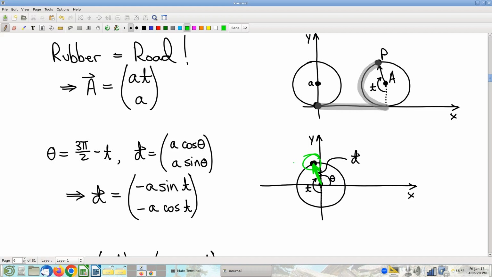And so if I can understand the point, then I understand the head of the arrow in standard position, which means I understand the vector. So I can understand what's going on with that vector just by understanding how that point is moving around. And the location of that point there is actually pretty easy. It's a point on a circle. I know the angle, I know the radius, and sines and cosines and all that.